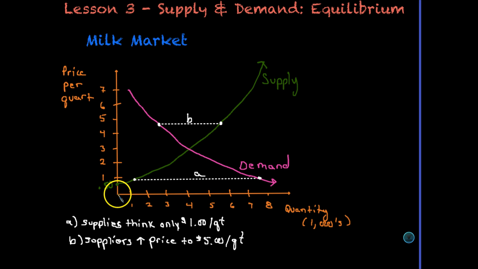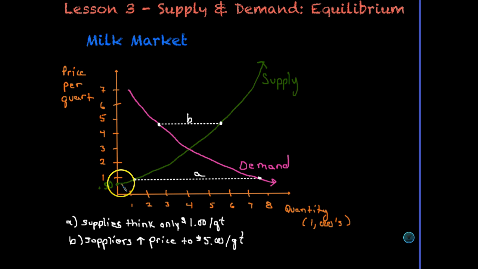That means that we are willing to supply 0 quarts at 50 cents. We're not willing to produce, milk our cows, or distribute any of our milk at 50 cents. In order for us to start distributing quantity, the price has to go up a little bit more. It's not worth it to us to sell it for 50 cents.